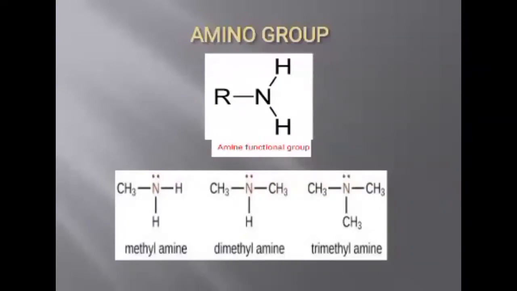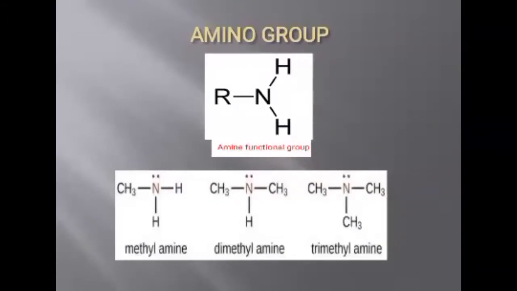These compounds are trying to show us that we have three amine groups: the primary, the secondary, and the tertiary.